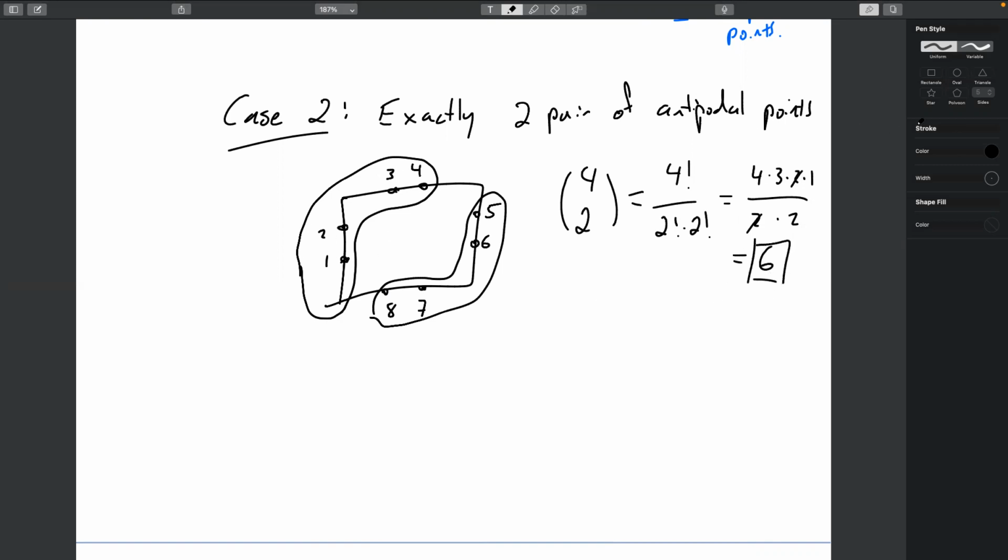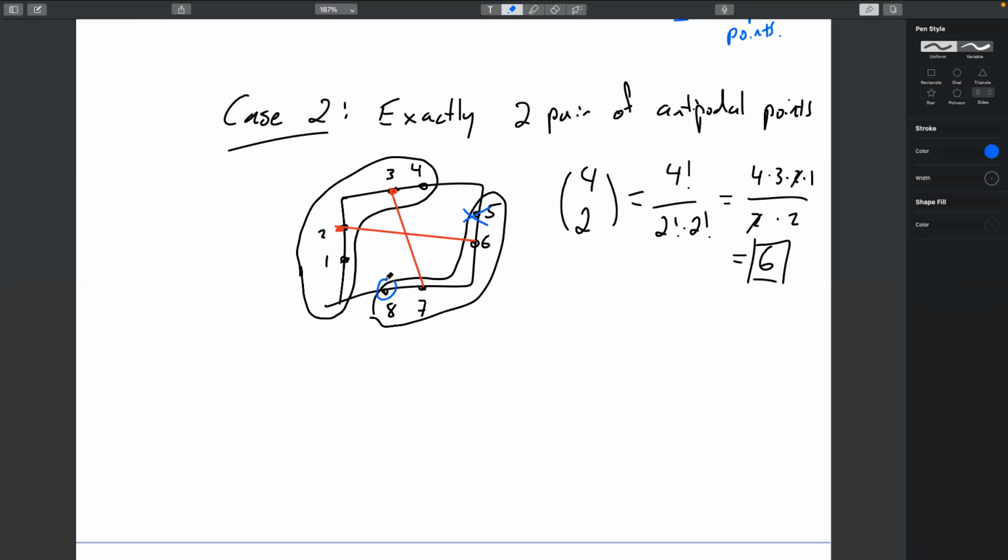Okay, so once I've chosen 2 of them, say I chose this one and this one, then 2 has to go to 6, 3 has to go to 7. And then what can 1 go to? How many choices do I have for 1? Yes, I have 2 choices again, because this is not allowed to be another antipodal point.